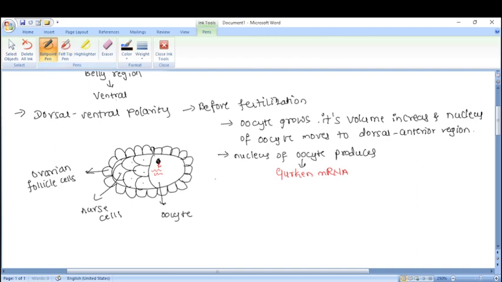Later, this gurken mRNA is translated into gurken protein.